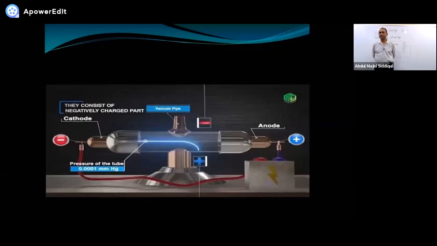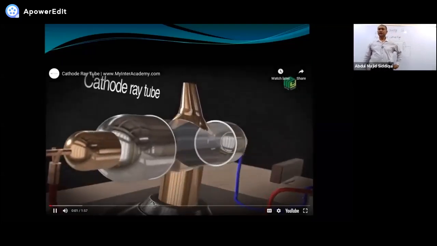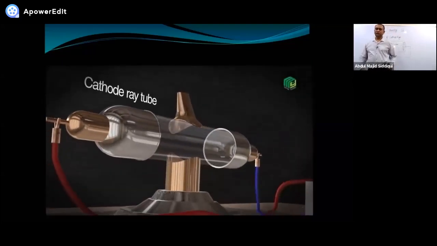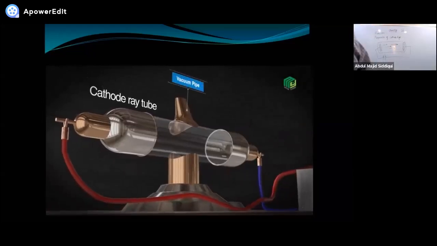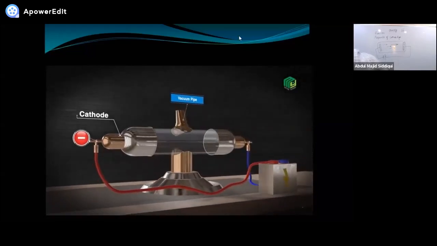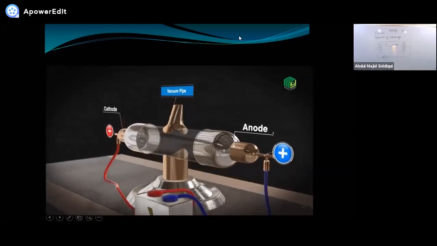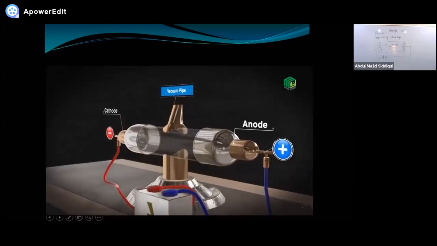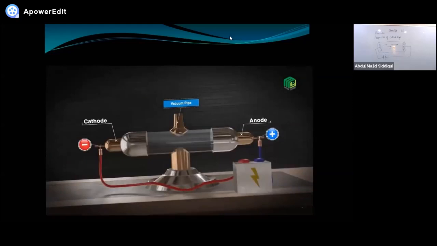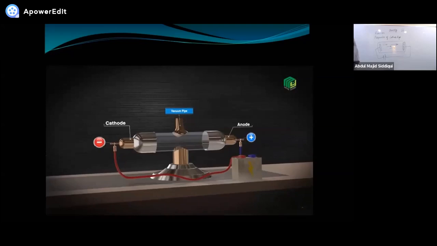Here's the real one. A dark room in which cathode rays are produced in a discharge tube. A vacuum pump is used to evacuate the discharge tube. The cathode of the tube is connected to the negative terminal of the battery, and the anode of the tube is connected to the positive terminal. Allow the current to pass through it.